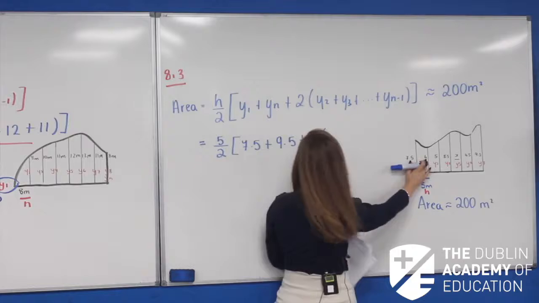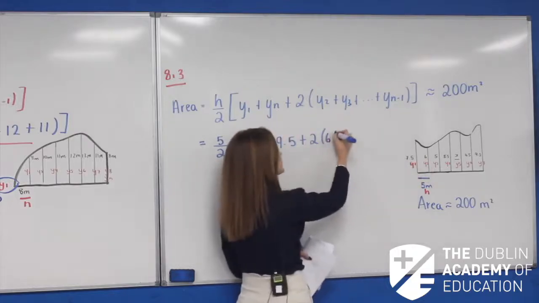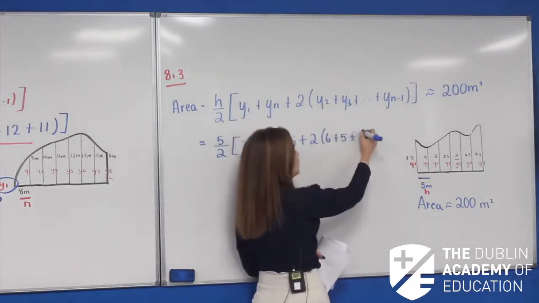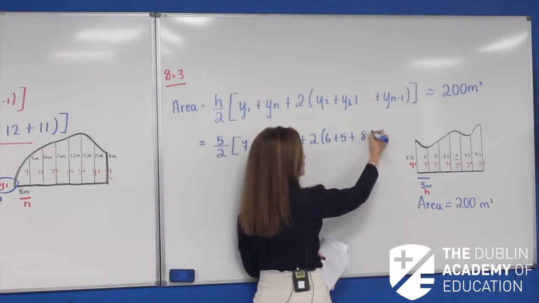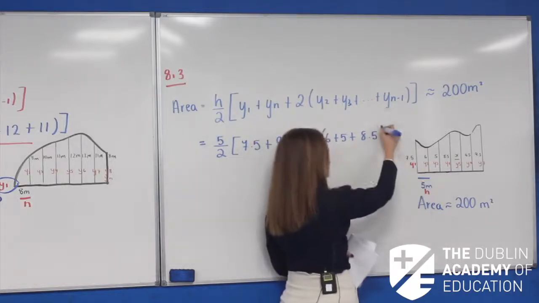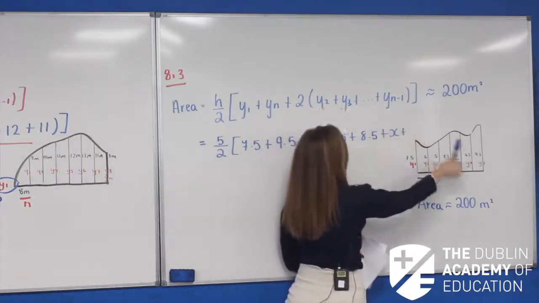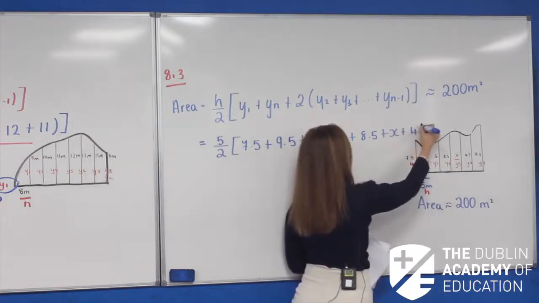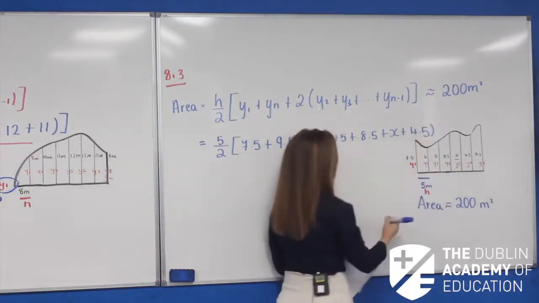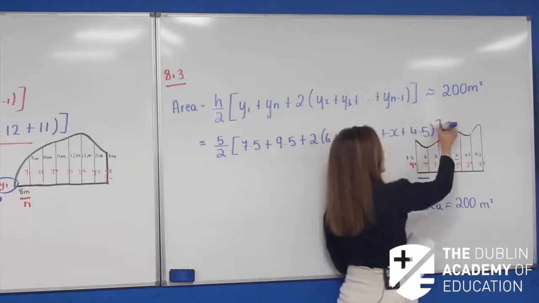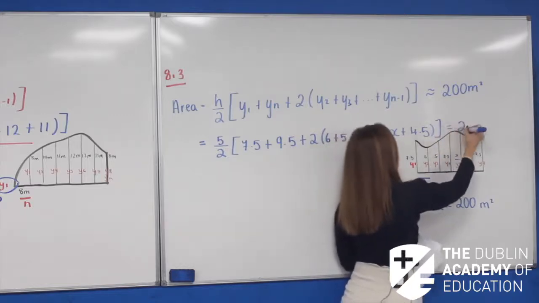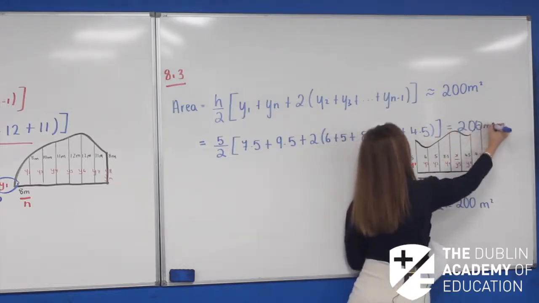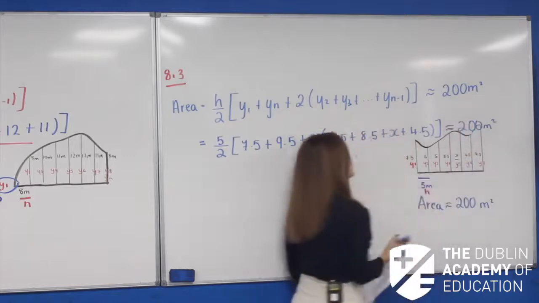So here we have 6 plus 5 plus 8.5 plus x, which is what we're looking for, plus 4.5, my second last term. Close my brackets and let it equal 200 meters squared.